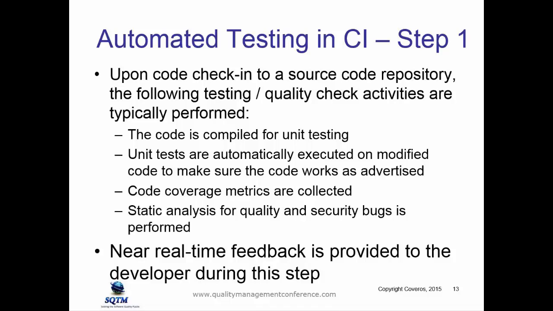In CI, we use this to give the developer early feedback on how we're doing. When we get to continuous delivery, which we'll talk about next, we're really going to use that as a criteria for whether we're going to allow an application to move downstream in the pipeline of environments toward production. If we're not passing our quality gates, then the application is not allowed to move forward, because we want to make sure it meets the quality objectives that we have for the code.